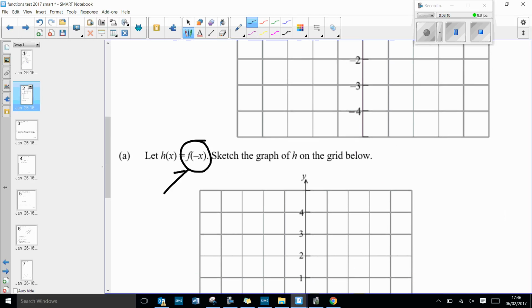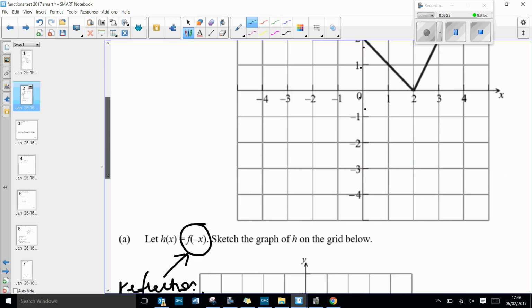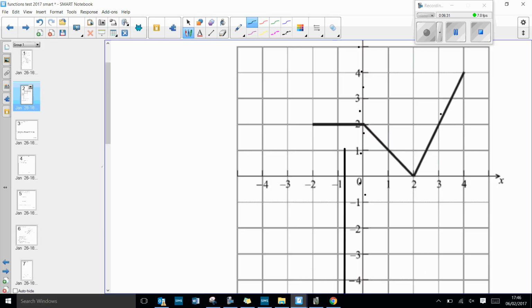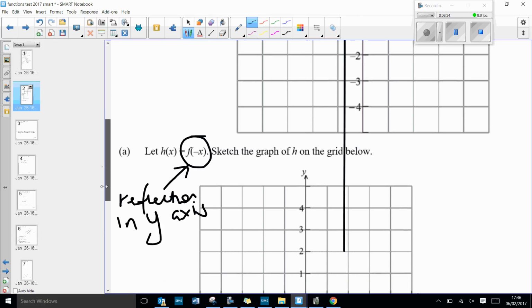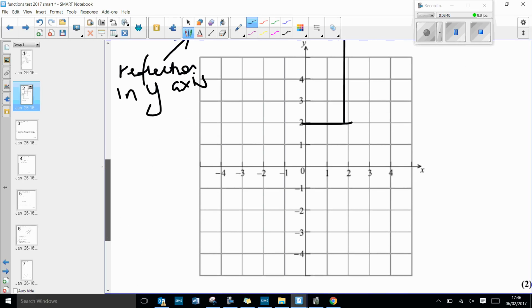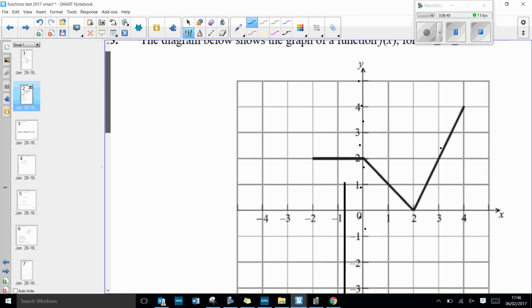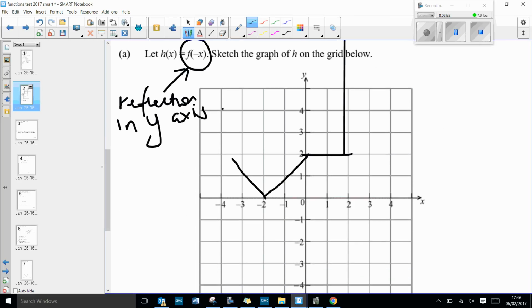So because the negative value is inside the bracket, it means it's a reflection in the y-axis, which means that this whole graph is going to be reflected in this line here. So it would look something like that.